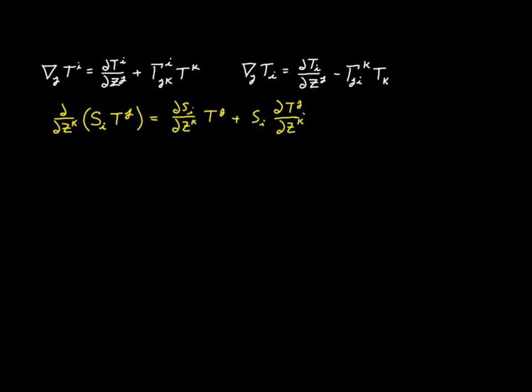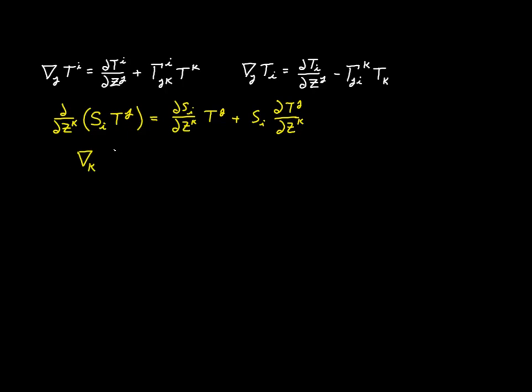Well, we've said many times that the covariant derivative is really just an extension of partial derivatives to make it more general so that it works with curvilinear coordinates. So it's quite reasonable to expect that the same sort of pattern would work for the covariant derivative. So let's look at what that might look like.